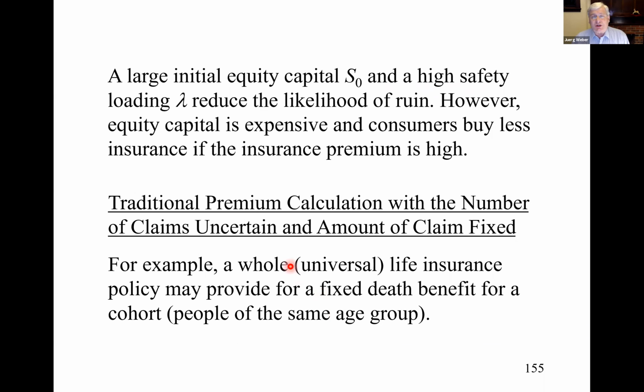So a large initial equity capital and a high safety loading reduce the likelihood of being broke, the likelihood of ruin. But the drawback is that if you have a large equity capital, it's quite expensive to finance it. And if you have a high safety loading, then this drives up the insurance premium, and people will no longer buy the insurance.